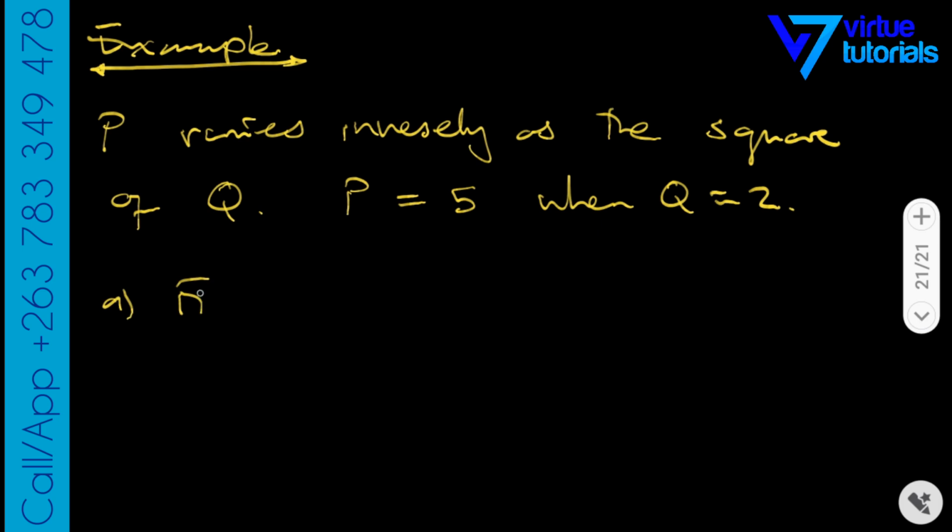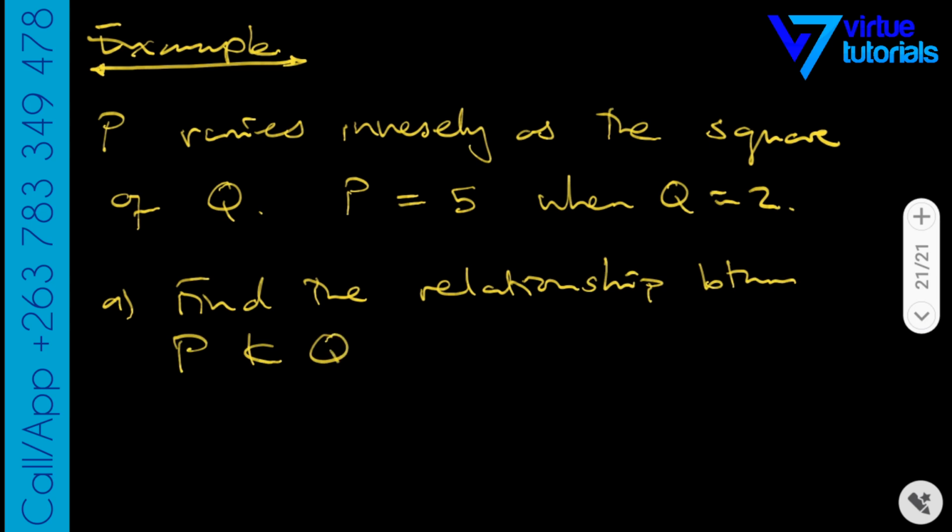A, find the relationship between P and Q. And then B, find P when Q is equal to 3.